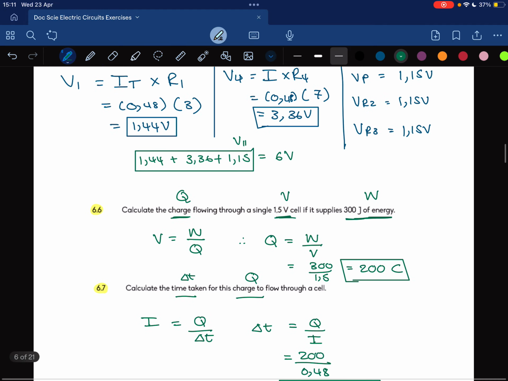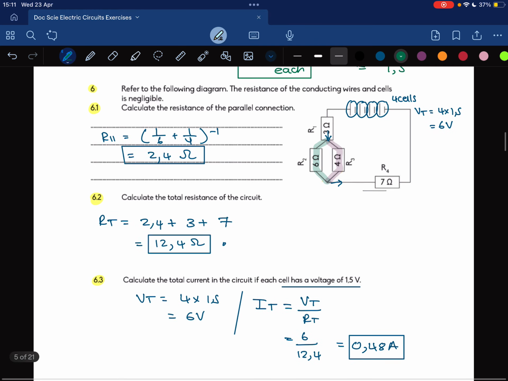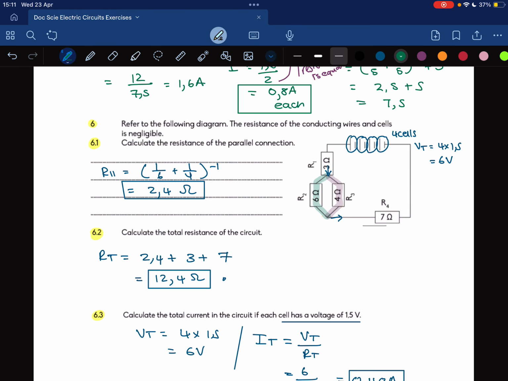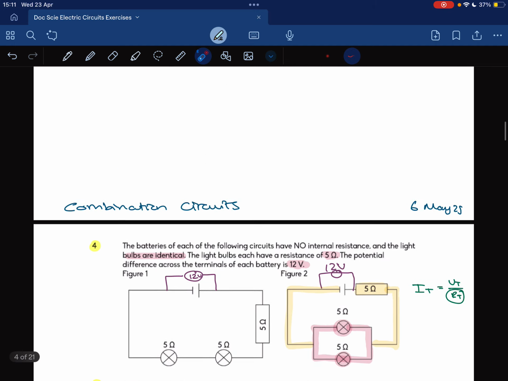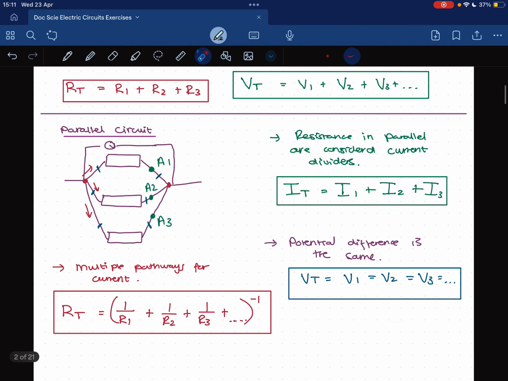Okay, so that's how I would calculate these questions for the entirety of question 6. The most important thing is just to remember how you treat your parallel portion compared to your series portions, and to remember these notes that we went through before this video lesson.